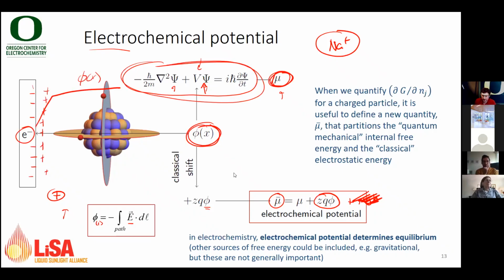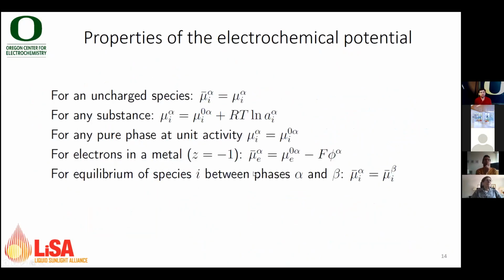Okay, keep going here. Some properties of the electrochemical potential: for an uncharged species, of course, the electrochemical potential is the same as the chemical potential. For any substance, this is the chemical potential, which we've already defined. For any pure phase at unit activity, we can write the standard state chemical potential. For electrons in a metal, the chemical potential is usually invariant with concentration.